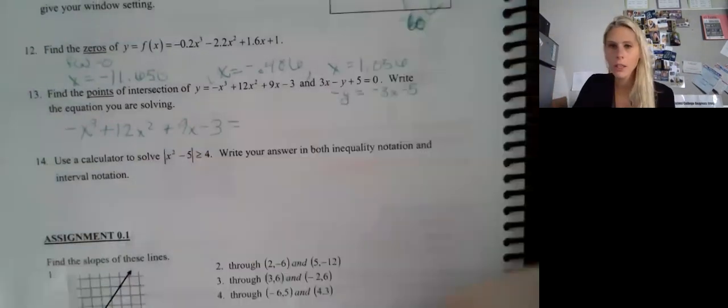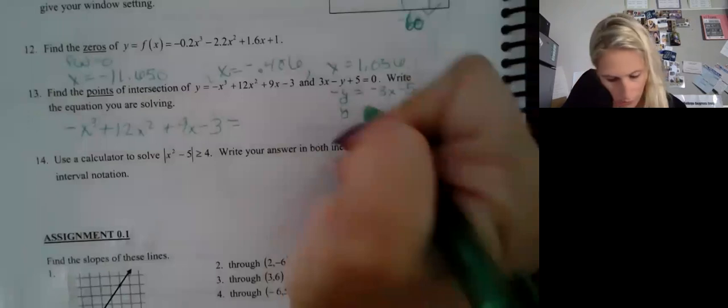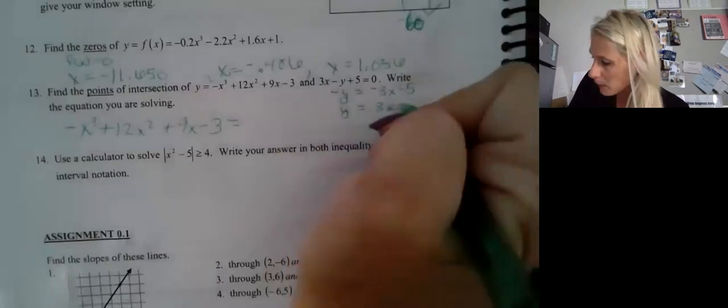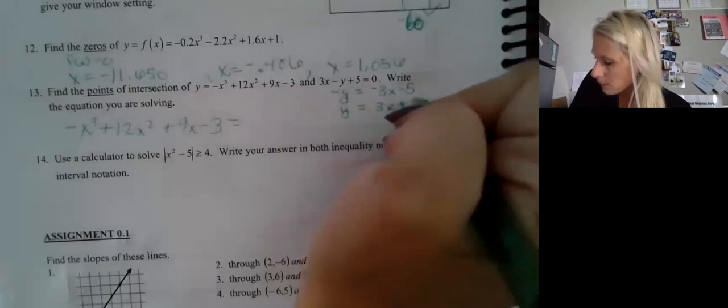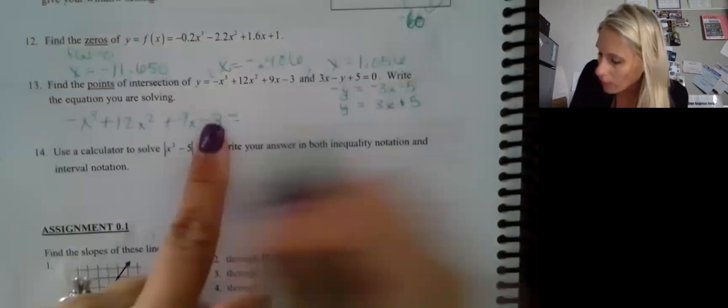So I get negative y equals negative 3x minus 5, right? That's moving everything over, but I need to divide by this negative here, so I get y equals 3x plus 5, because I'm dividing by a negative. And then I move that there, so this is what I'm solving for.